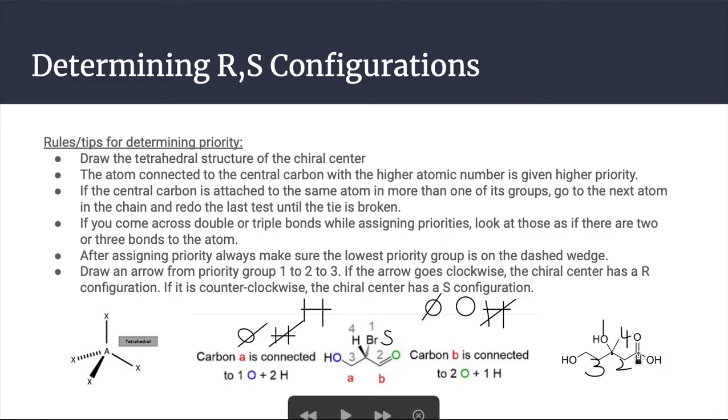But if the hydroxyl group was attached to a solid wedge and the methyl group was attached to a dashed wedge, then this chiral center would have a configuration of, well, I'm going from 1 to 2 to 3, and it looks like it's going clockwise, which means it has a configuration of R. Okay, sorry, my pen does not want to work today.